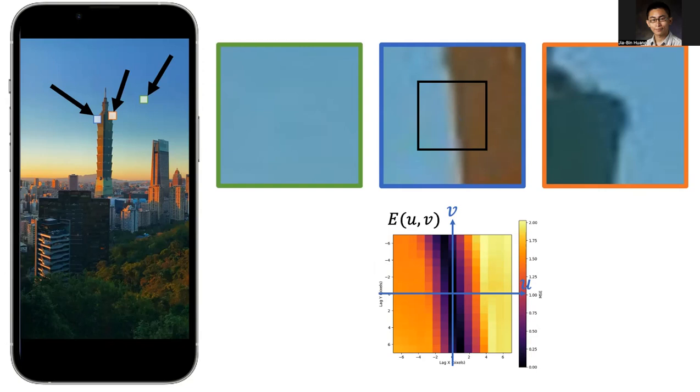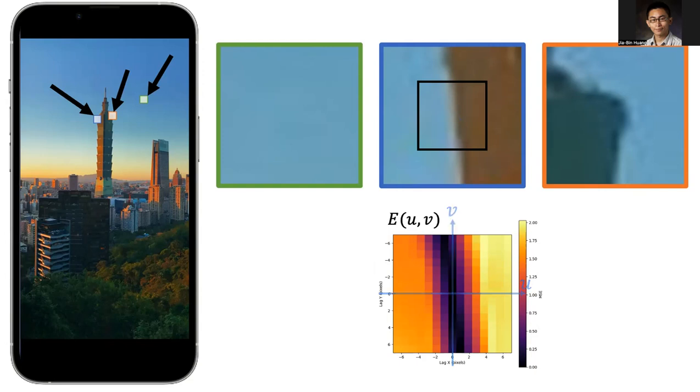But for vertical motion, you'll see that the error remains small, which means that if the patch moves vertically, it's not sensitive, because your measure cannot tell how much it is moving. So from the sensitivity of how the error function goes up, it tells you whether this is easy to track or hard to track, okay?